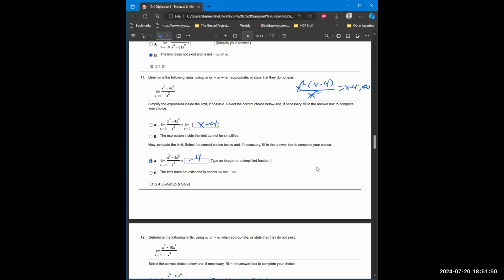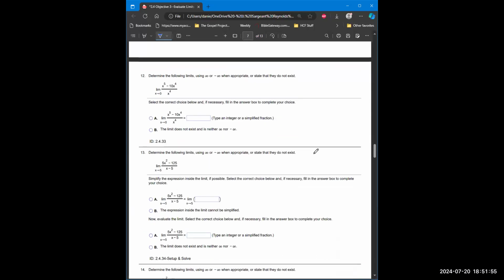And this is x to the fourth, x minus 10 over x to the fourth. It's going to be x minus 10, x is not 0. This is x minus 10. I'm going to stick 0 in. It's going to be negative 10.